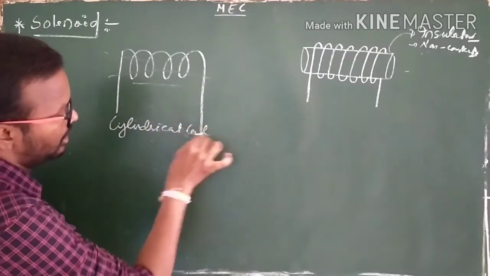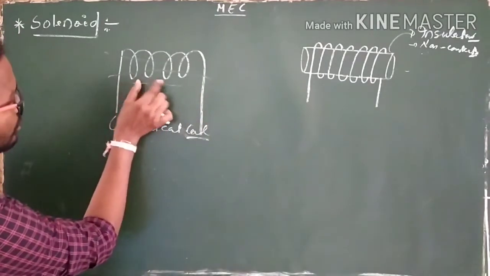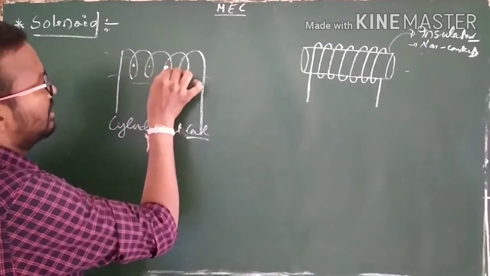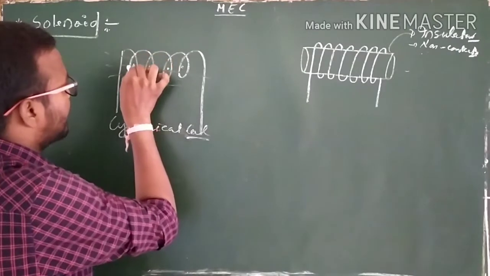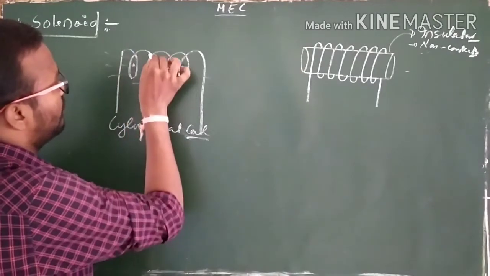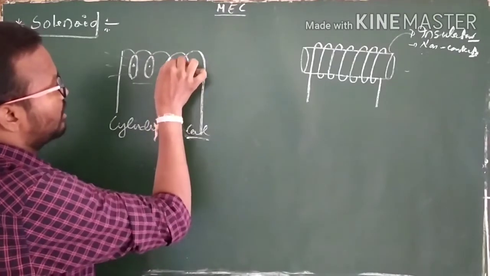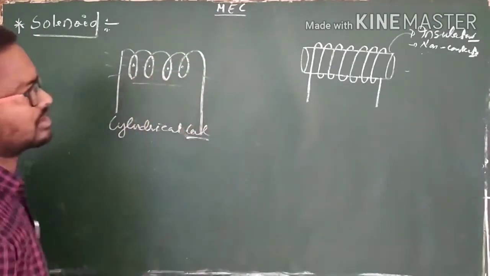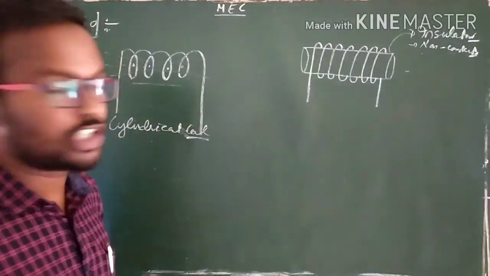There is a large number of turns very close to each other, and their centers coincide. Each turn forms a circular loop, so these are concentric circular loops, and this is the form of a solenoid.